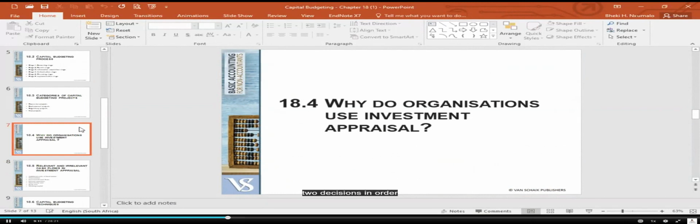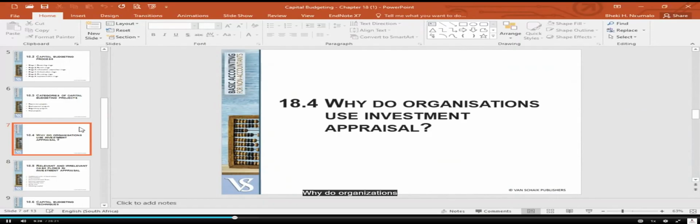It has to make a decision regarding the assets to be acquired. That is number 1. Number 2, it must decide how much the organization is willing to spend to acquire those assets. So they consider those 2 decisions. So once they are happy with that, then they can proceed.